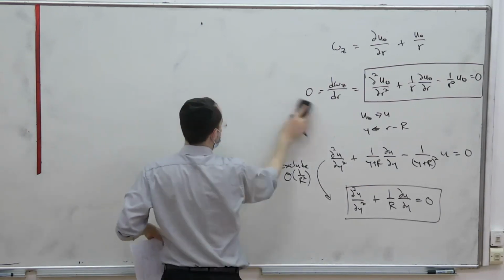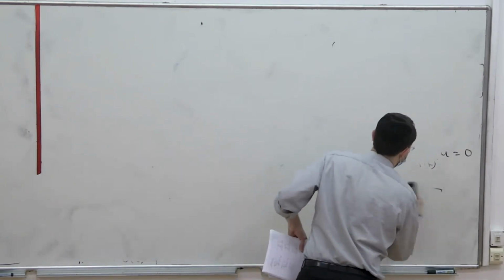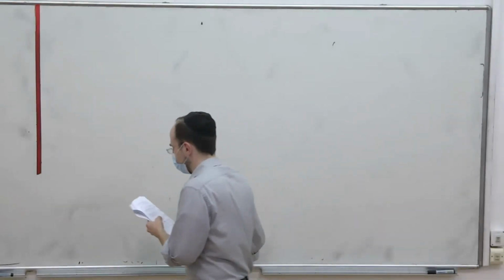So I'll add 0 to the equation of the real part, and then just do a little bit of algebra to simplify it.